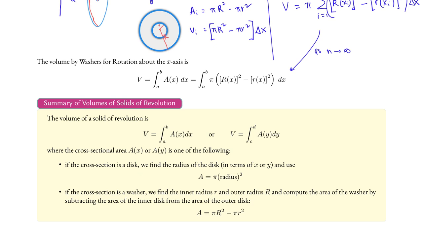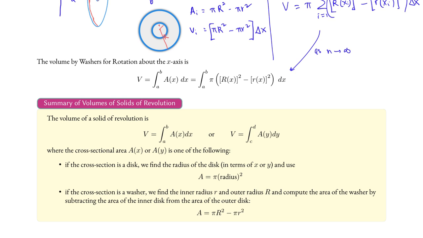If the cross-section is a disk, then the area of the cross-section is pi times the radius squared. If the cross-section is a washer or an annulus, then the area is pi times the outer radius squared minus pi times the inner radius squared.